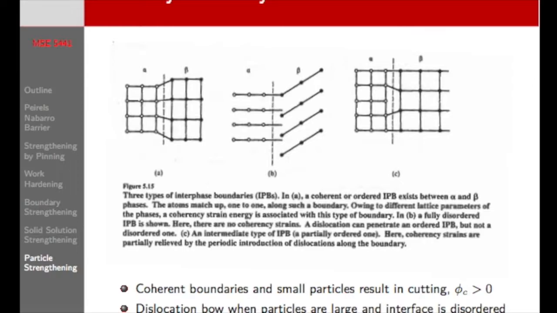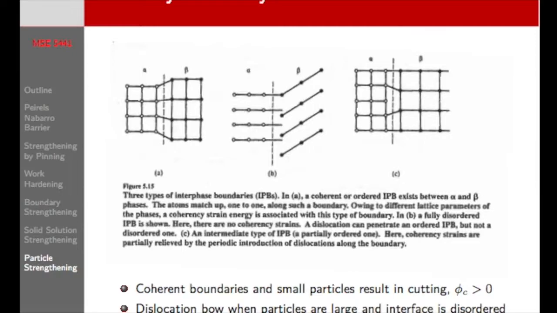So the first thing is coherency, right? So if I have an interface that looks like this, rather than an interface that looks like this, it's not too much of a stretch to say it's easier for a dislocation to come through here, right? I've got nice correspondence between my atoms. This acts like a grain boundary. We talked about how grain boundaries can act very much as sources or sinks for dislocations. A dislocation comes through here, and it finds itself gobbled up by the interface, right? And when it does go through, it has to change planes and leave a debris.